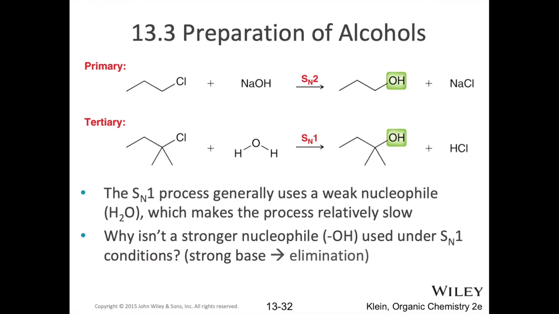Okay, so you not only will get your tertiary alcohol product, but you might also get a byproduct that is the resulting alkene. And so you'll get a lower yield of this alcohol because a significant yield will come from your alkene. And so to avoid that, we use a weaker nucleophile because it's not going to act as a base.